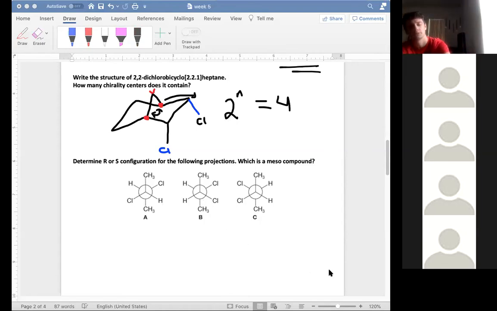So isn't it when it has chiral centers, it has symmetry, but it's achiral? Yeah, so there are chiral centers. Somebody also got it. There's also a plane of symmetry. And what happens is that you have a plane of symmetry and those two chiral centers cancel each other out. Overall, an achiral molecule. So we'll do that right now.